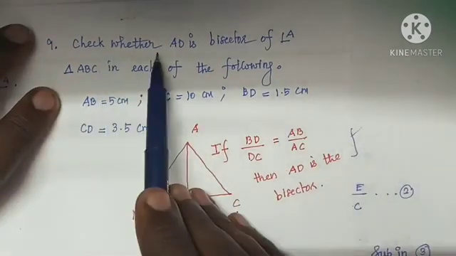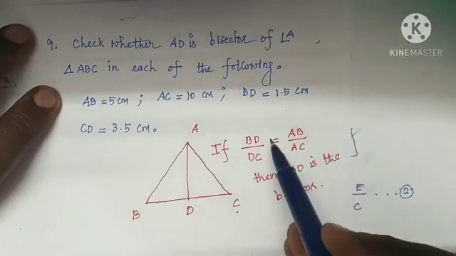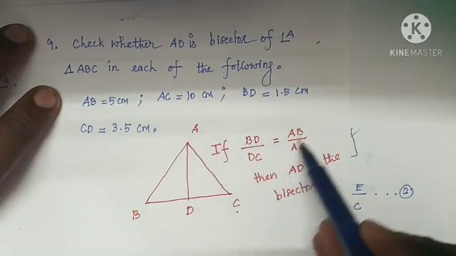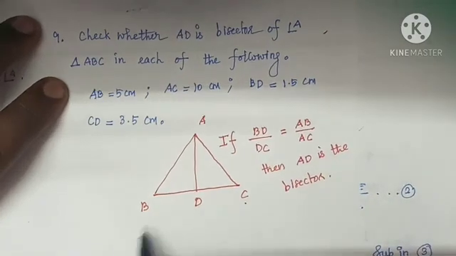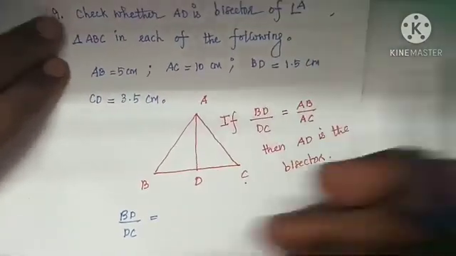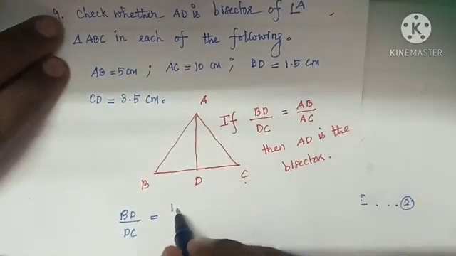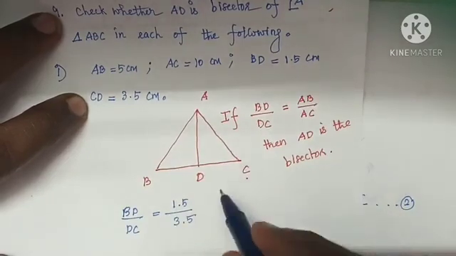Okay, so check whether AD is the bisector of angle A. Now I am going to verify whether they are equal or not. So first BD by DC. What is BD? 1.5, and DC is equal to 3.5. So 1.5 by 3.5.